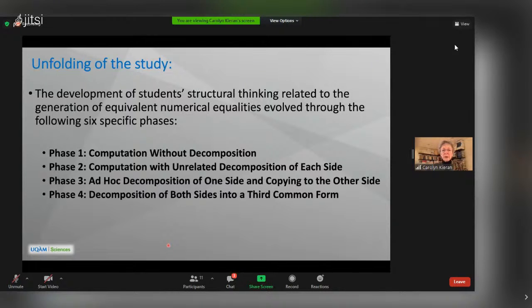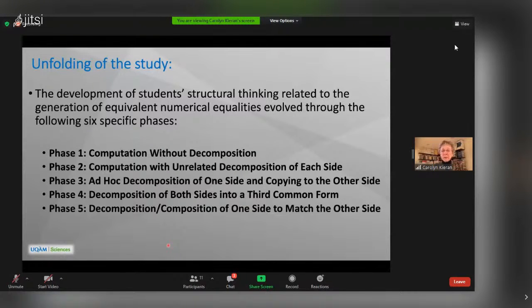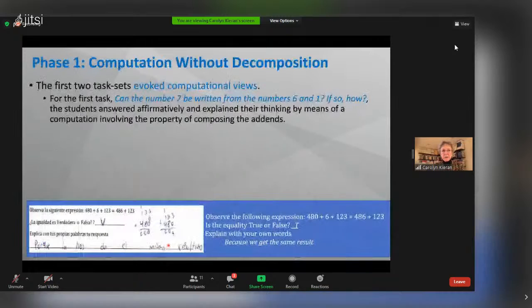The fourth phase, decomposition of both sides into a third common form. Phase 5, decomposition with some composition of one side so as to match the other side of the initial equality. And phase 6, the expressing of structural approaches in a general way. So now we will look briefly at each of the 6 phases.